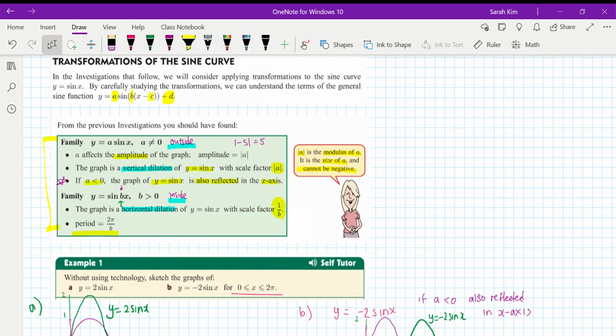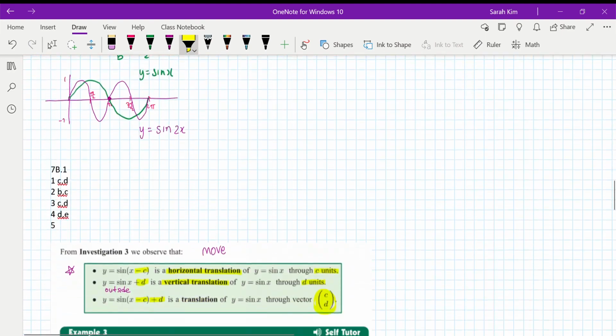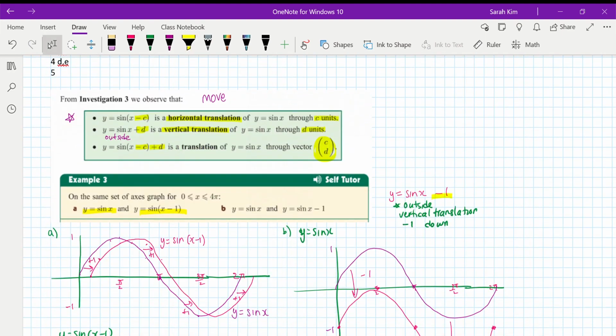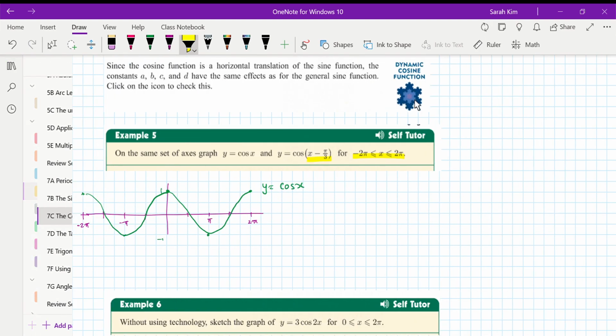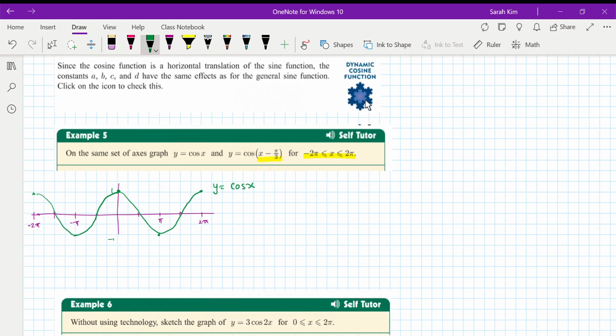Alright, horizontal translation: minus C becomes a shift of C units. Good to know. So minus pi over 3 becomes your C. So it's a horizontal translation of plus pi over 3, even though it's a minus, because it's the opposite. That means I have to go that way, pi over 3.